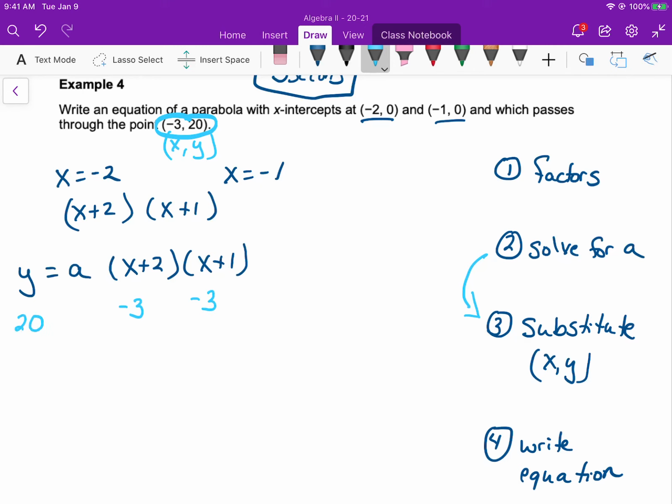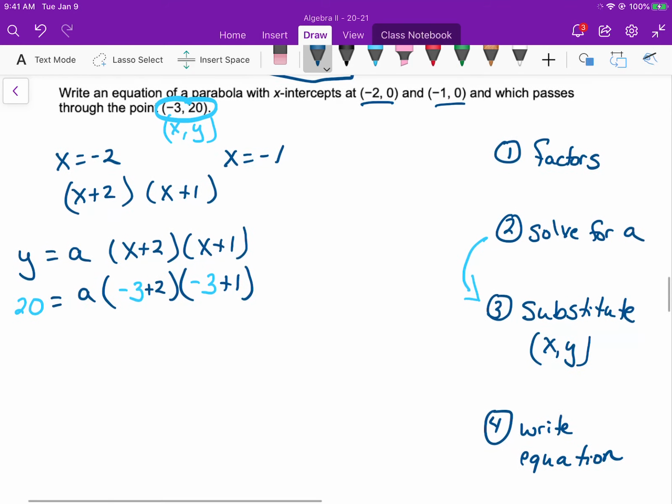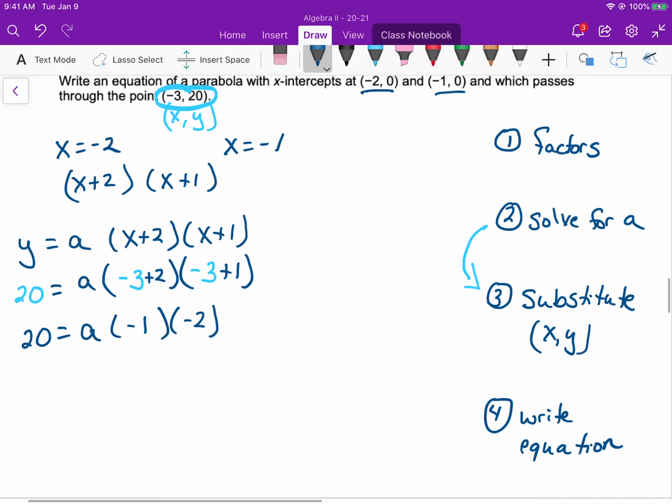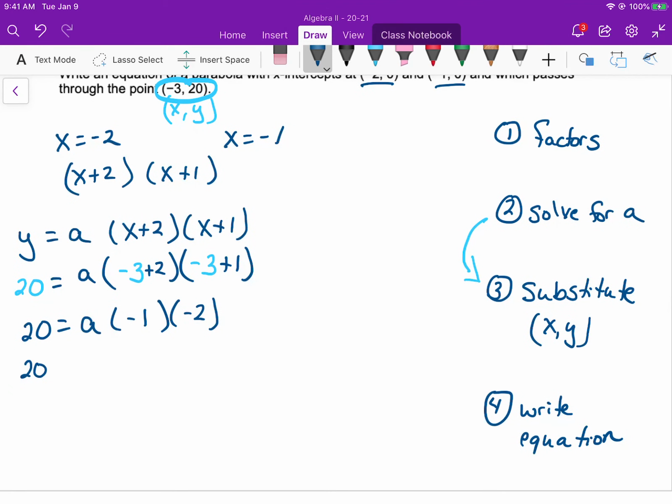My 20 is going to substitute in for y, and I can solve for a. So now I have 20 equals a, and I'm just simplifying. Negative 1 times negative 2. So now we'll have 20 equals 2a, a equals 10.